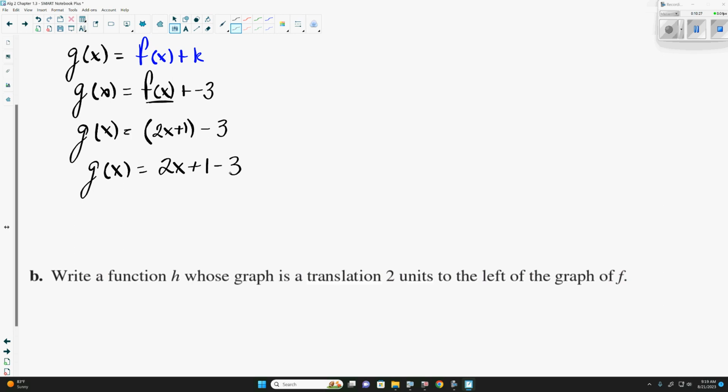Are 1 and negative 3, which would give us what? 2x minus 2. And there's our new function. So g of x, our new function that was translated 3 units down, is the function 2x minus 2.